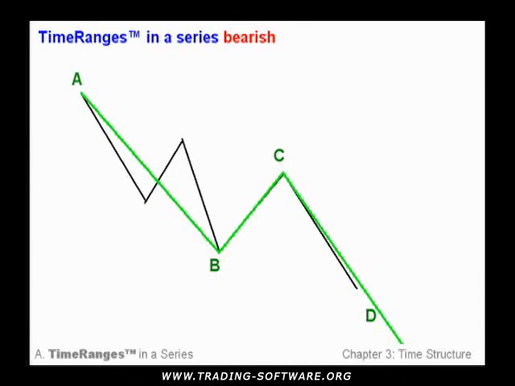It is the measured moves theory that CD ought to stretch out to where it is equal to AB, along with the shallow and deep retracement scenario, which will show you how a market will either continue on running or will be coming into some sort of resistance or support, depending on if the time ranges in a series get wider and wider or narrower and narrower.